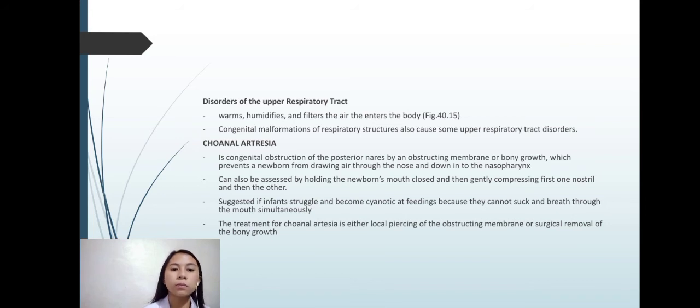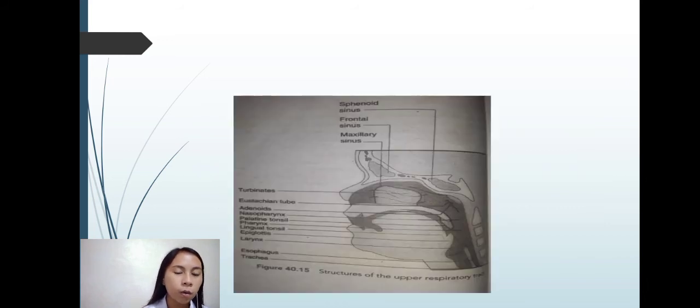It can also be assessed by holding the newborn's mouth closed and then gently compressing first one nostril and then the other. It is suspected if infants struggle and become cyanotic at feedings because they cannot suck and breathe through the mouth simultaneously. The treatment for choanal atresia is either local piercing of the obstructing membrane or surgical removal of the bony growth.